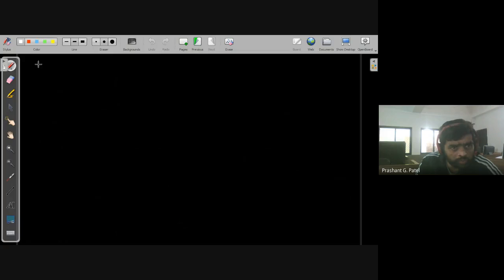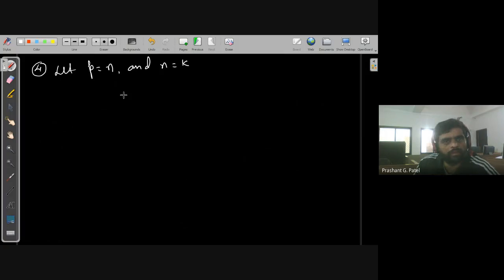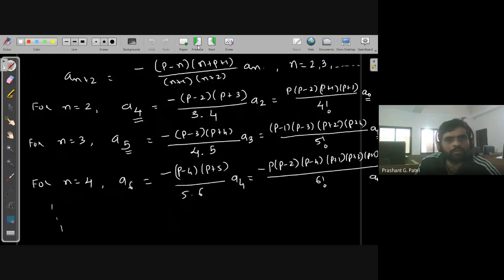Let's have the fourth note. Let p equal to n and n equal to k. Then the recurrence relation, I may call that recurrence relation number 3.